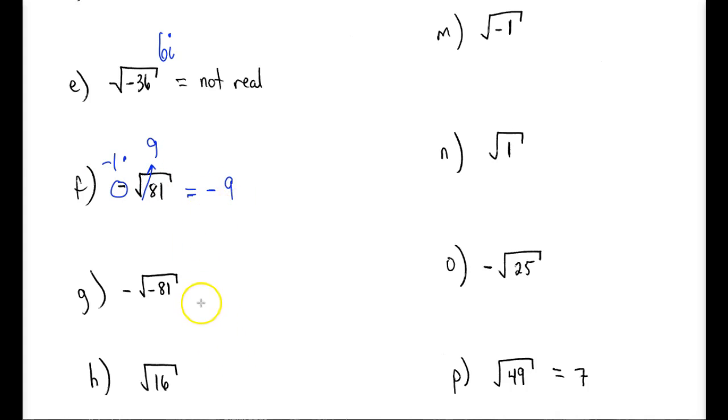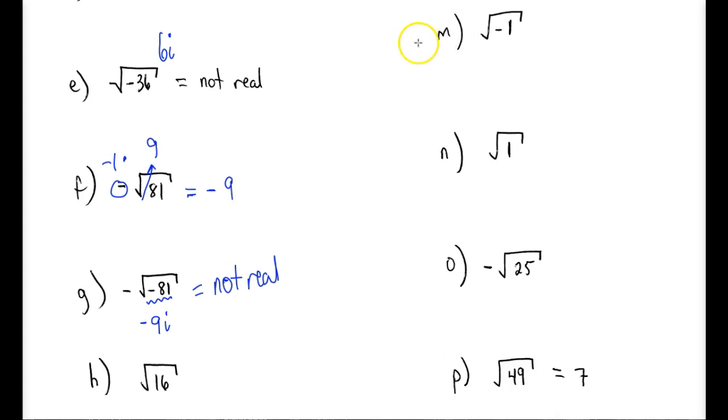For here, this one is not real, because again, if I were doing this, I know I cannot take the square root of a negative number. If I were doing complex numbers, then just this part here would be 9i, and then of course I would append the negative there.